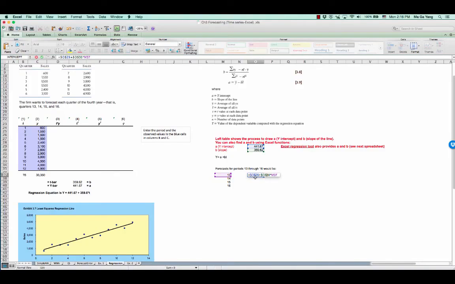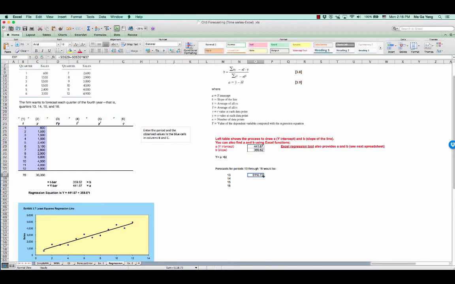That way you can fix this cell so it doesn't change. We use the same number, while the other cells will change, which is the time variable that will be changing. This value doesn't change.